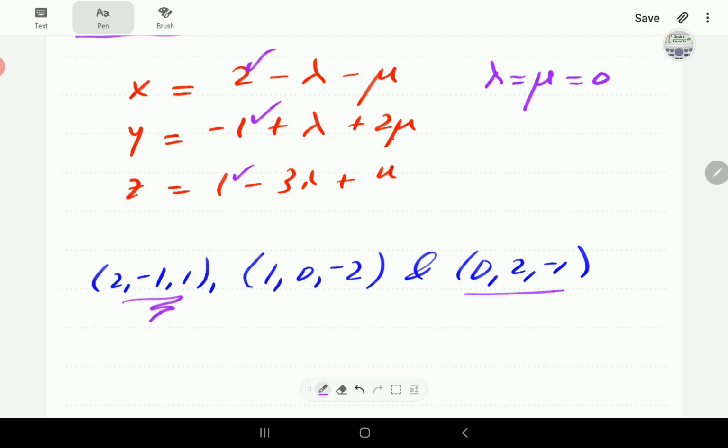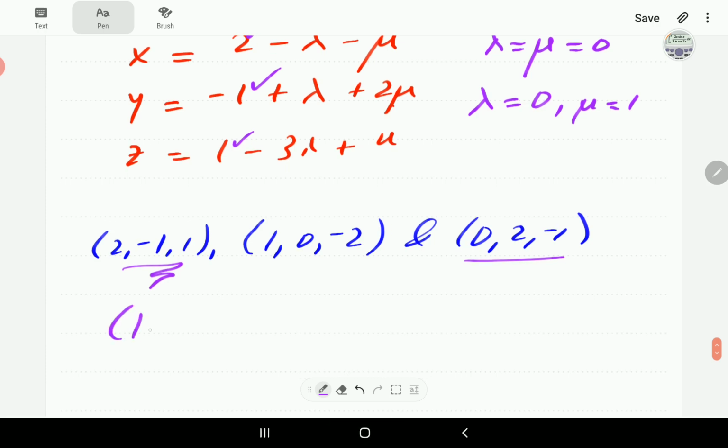So now let's say lambda is still 0, but mu is 1. Then x is going to be 1, y is going to be 1 as well, z is going to be 2. So that's (1, 1, 2), and it's not one of these points here.